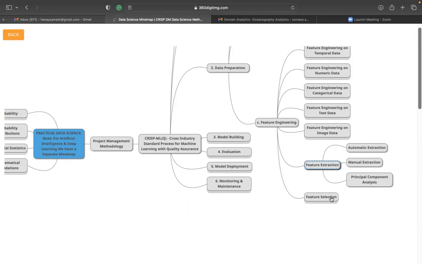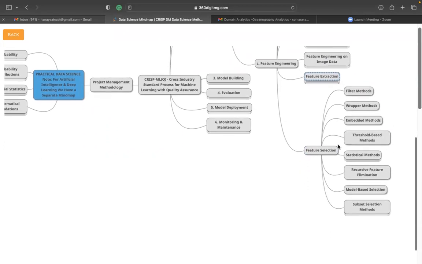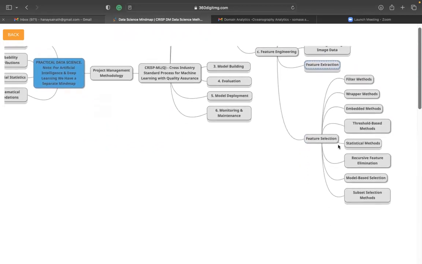In feature selection, here we have filter methods. So what are all the methods there? Wrapper methods, embedded methods, we have threshold based methods, statistical methods, recursive feature elimination, and model based selection, subset selection methods also.